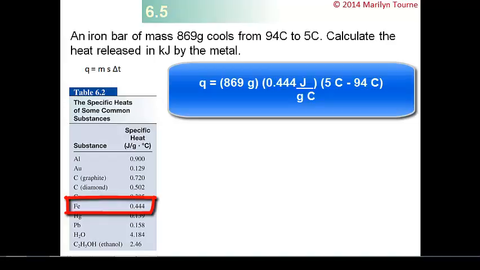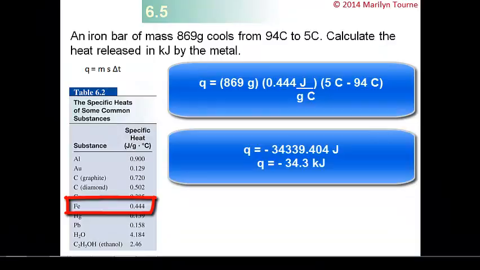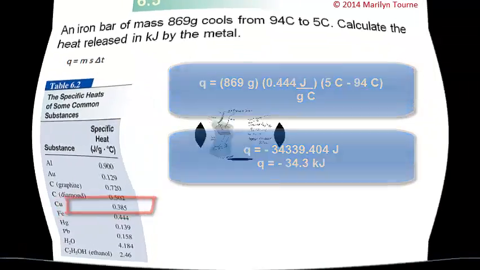So basically I multiply negative 89 times 0.444 times 869, and I get a total of negative 34,339.404 joules. But they want the answer in kilojoules, so I move the decimal place 3 places to the left, and I get negative 34.3 kilojoules. All right, let's move on.